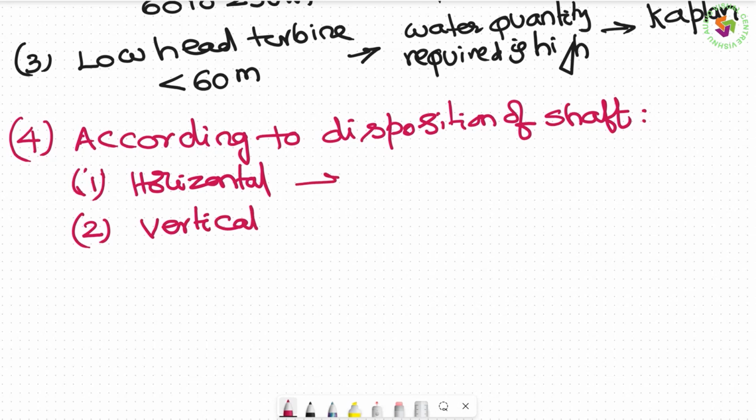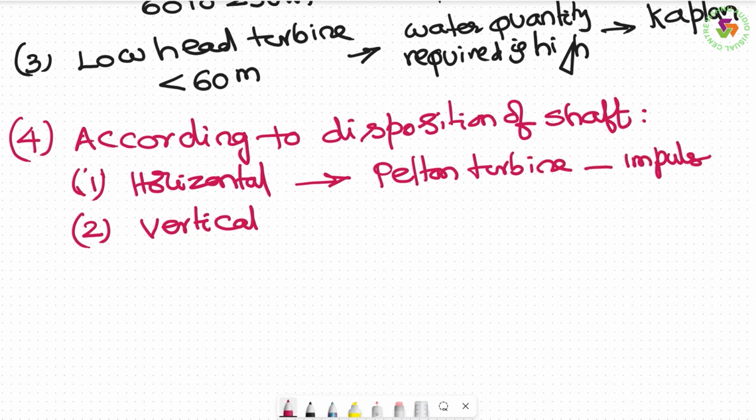Horizontal shafts are generally Pelton turbines, or more generally, impulse turbines. Whereas vertical turbines are either Francis or Kaplan, reaction turbines.